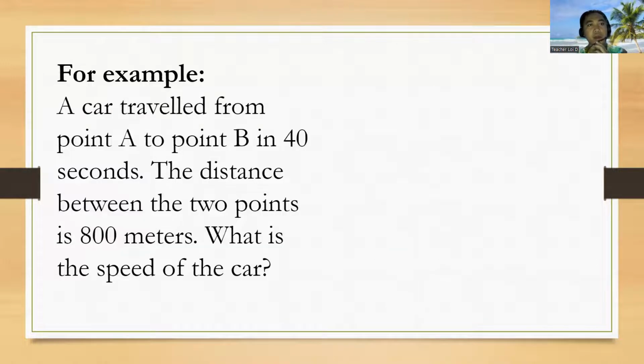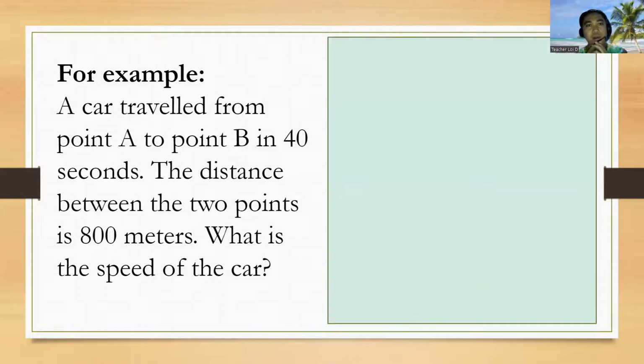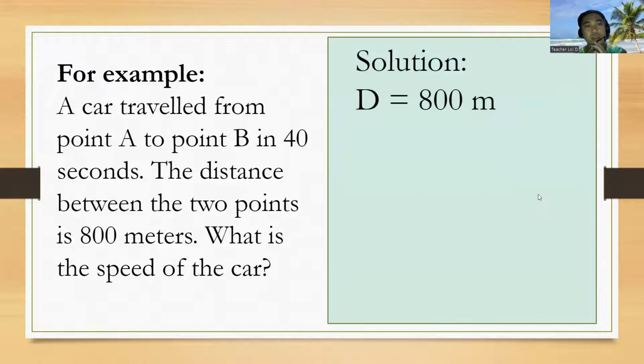For example, a car traveled from point A to point B in 40 seconds. The distance between the 2 points is 800 meters. What is the speed of the car? So, alamin po natin muna yung given numbers. First is, what is distance? Distance is 800 meters.